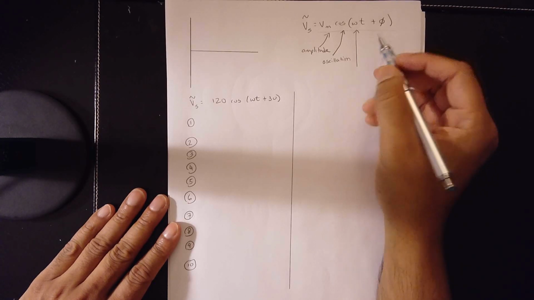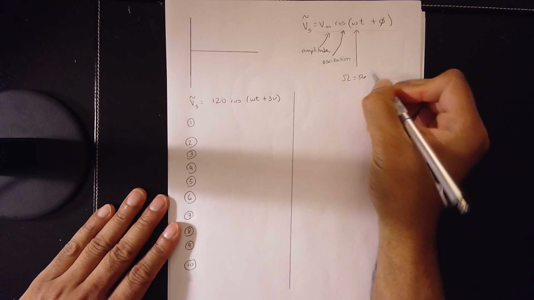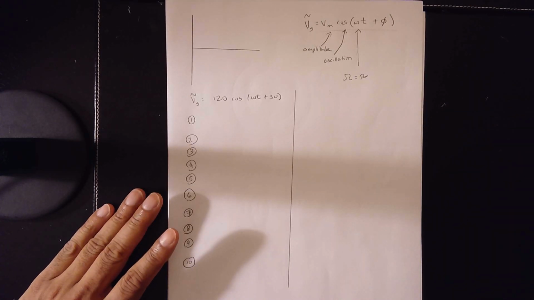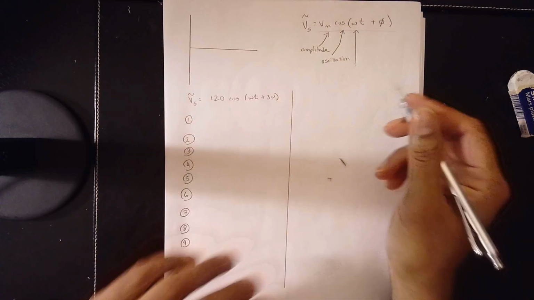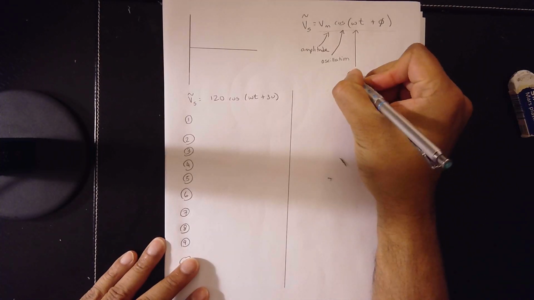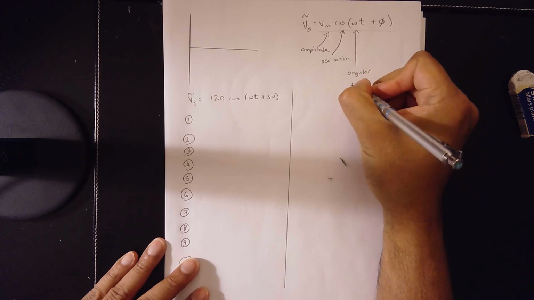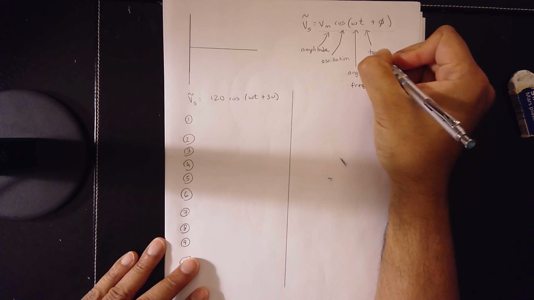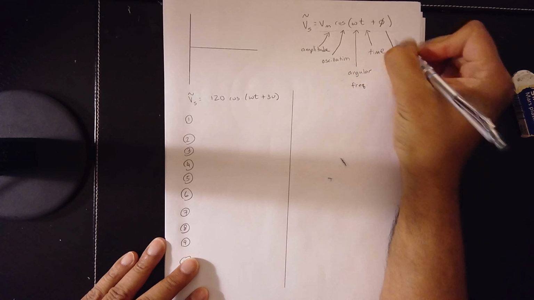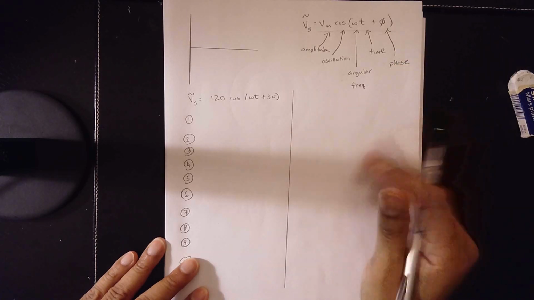Do not be confused with this: this right here is a resistor, but this is a small omega, so this is not your resistance. Your small omega is angular frequency. T is time, and phi is phase.